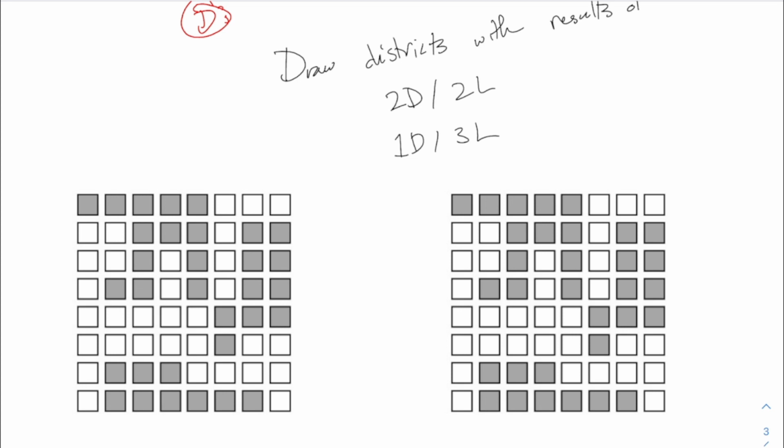I'll give you a few more moments, and then we can talk about them. Only one D, so I would say pack one district, make it so that it's much more dense.